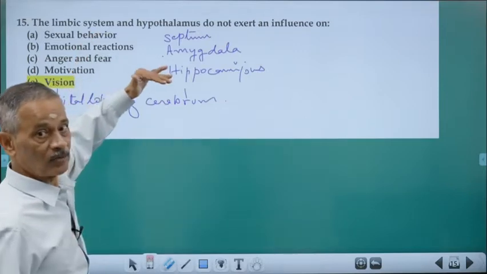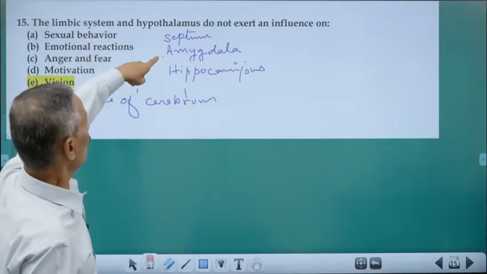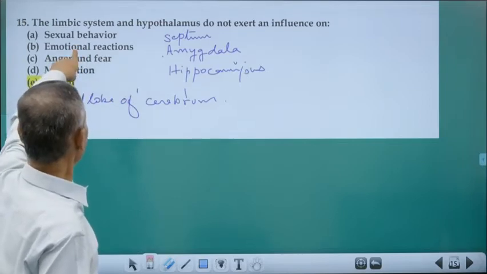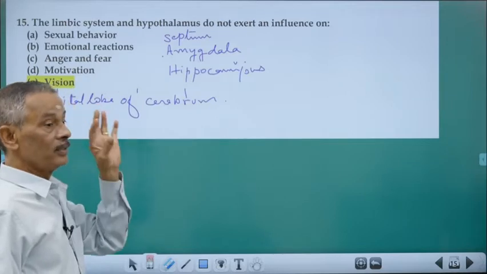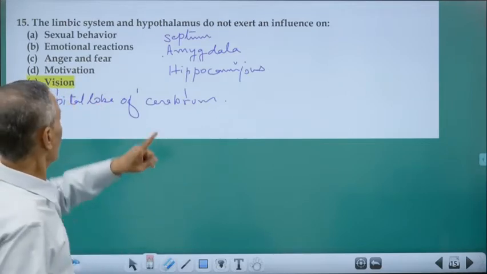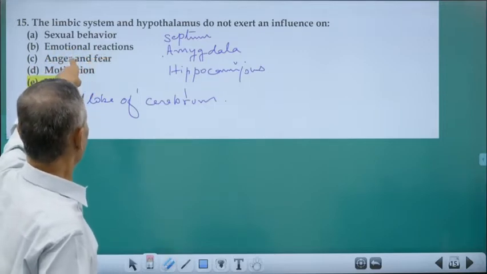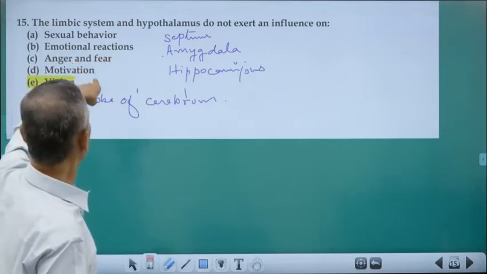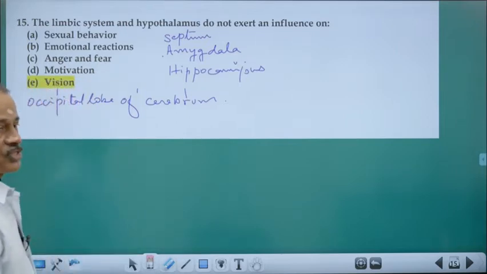Limbic system, part of the brain. And hypothalamus does not. See, the limbic system has sexual behavior. The limbic system has the amygdala, hippocampus, and septum. That septum is responsible for sexual behavior and emotional reactions; the amygdala, anger and fear. It is the motivational center.